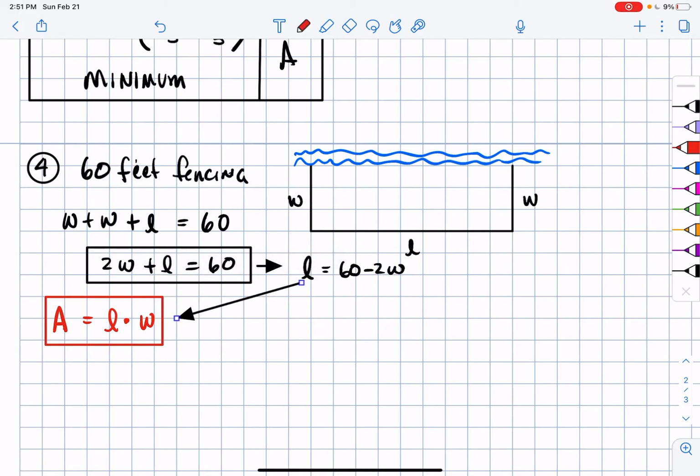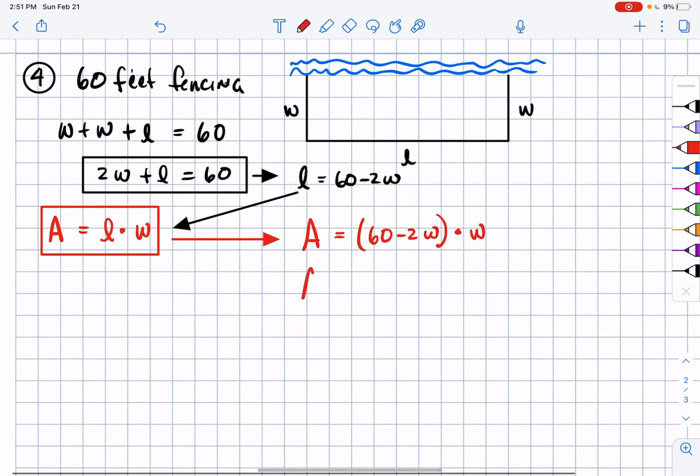So now what I'm going to get based on that is that the area is going to equal 60 minus 2W times W, which tells me my area is going to equal 60W minus 2W squared.